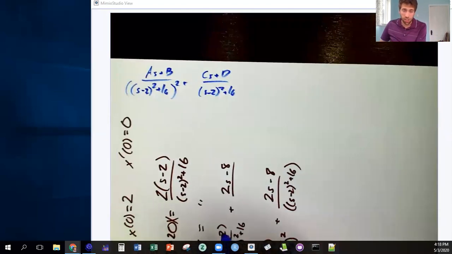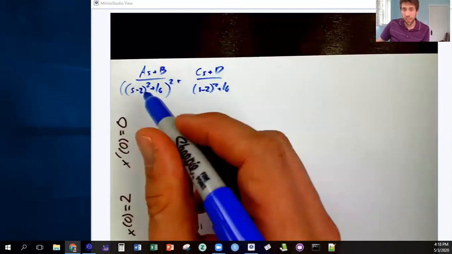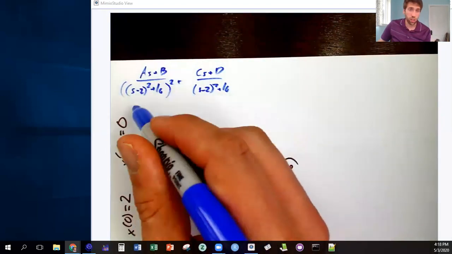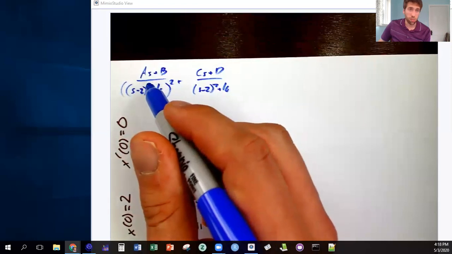And that's all you can do with partial fractions, and you still have this, and this is nowhere in your Laplace transform table from the last section.